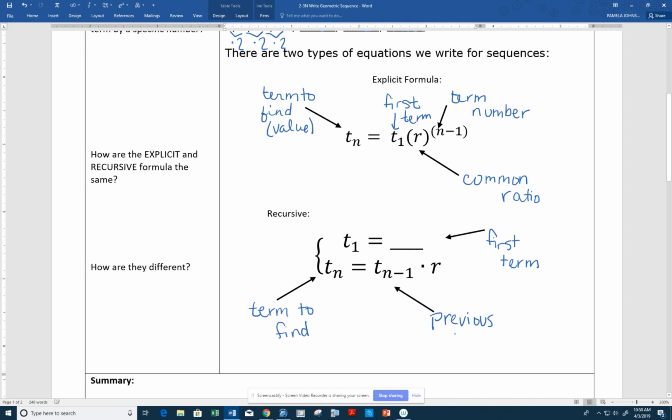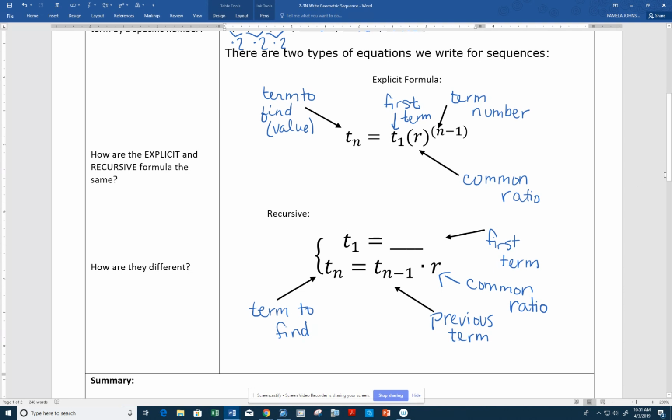If you watched the arithmetic sequence video, instead of using T's, they used A's for arithmetic sequence. And the A sub n minus 1 was the previous term that we were adding the common difference to. So it's the same thing with geometric. It's that previous term that we're going to multiply the common ratio to. And that R, again, is our common ratio.